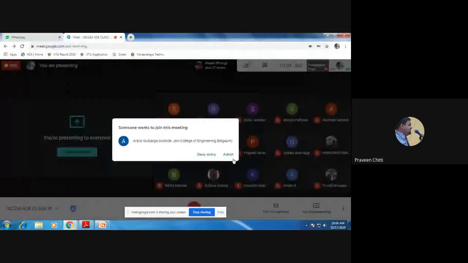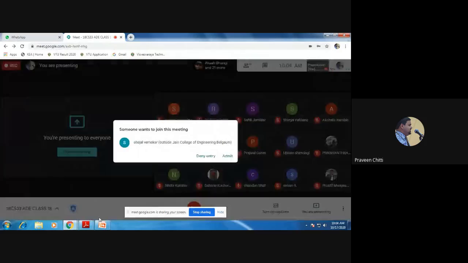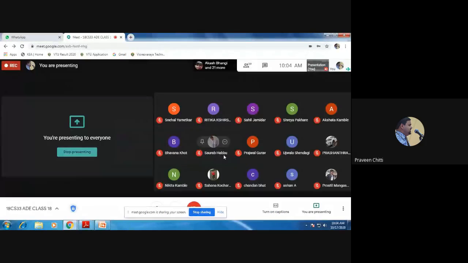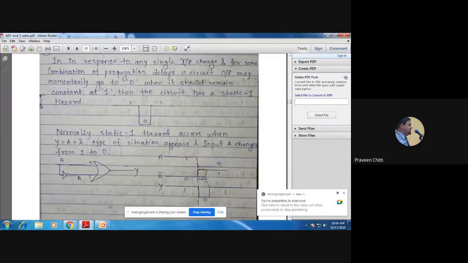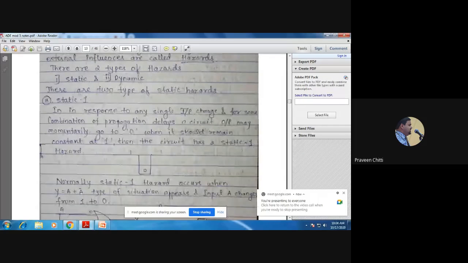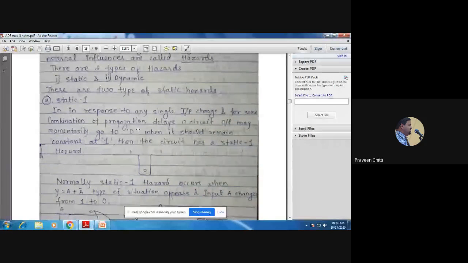What do you mean by static 1 hazard? Fine. Static 0 hazard, we'll come back to later. A brief explanation about static 1 hazard: normally it occurs when the circuit has a situation like A plus A bar.